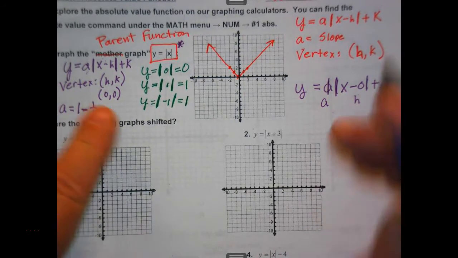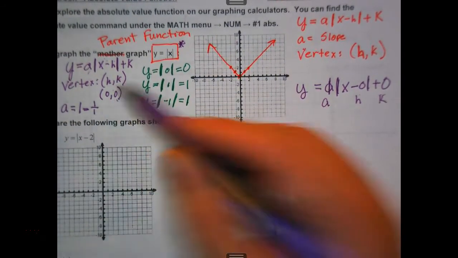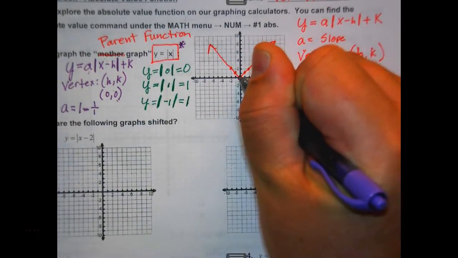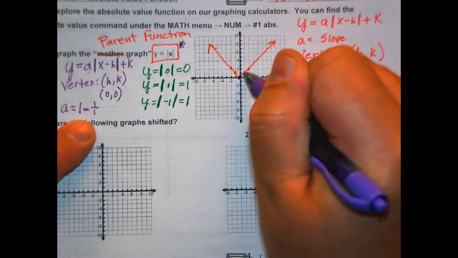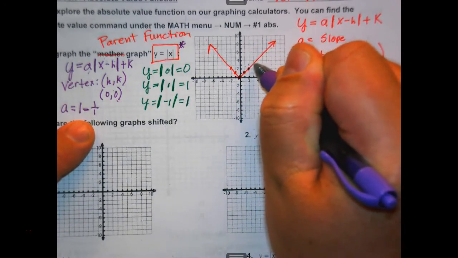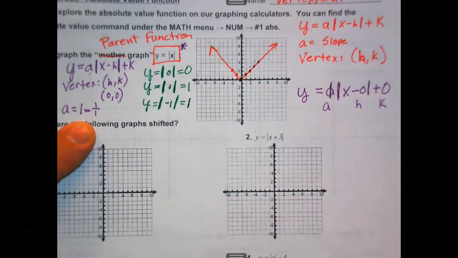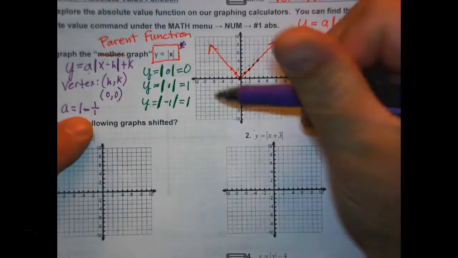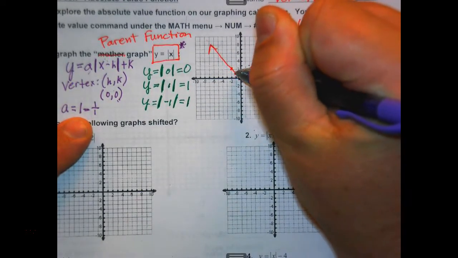All right, knowing this, I've got my vertex 0, 0 and the slope 1 over 1. Up 1 over 1, up 1 over 1, up 1 over 1. Draw your line. Now remember, this cannot be negative, so we're going to have to go back to positive y.